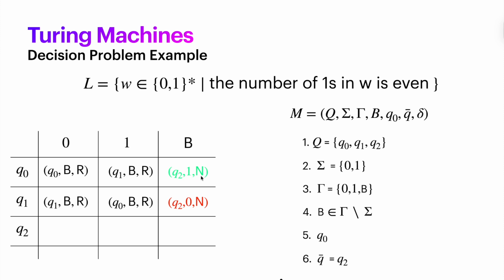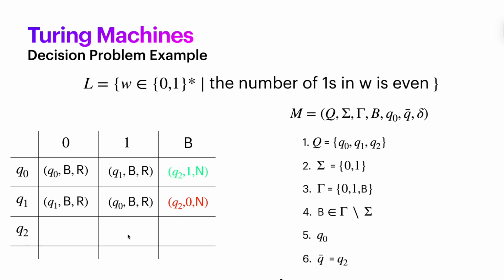We don't move anywhere and we move to state Q2. If we were at state Q1, which would mean that we had an odd number of 1s so far, then we overwrite our current tape square by 0. We change our state to Q2 and we stay in that tape square.